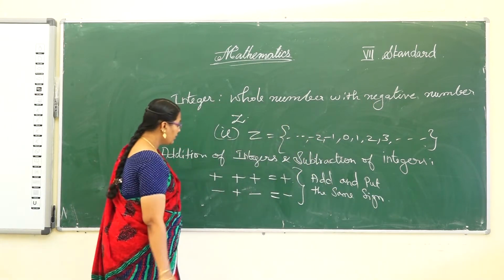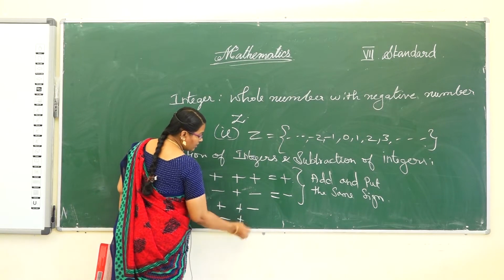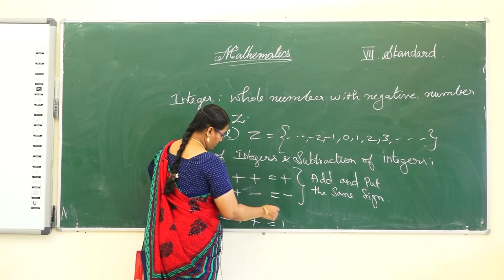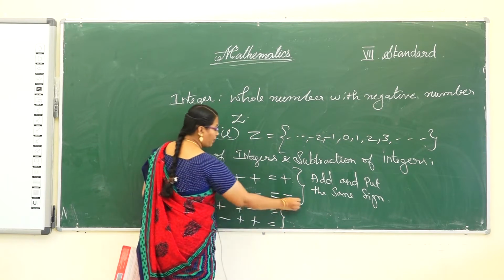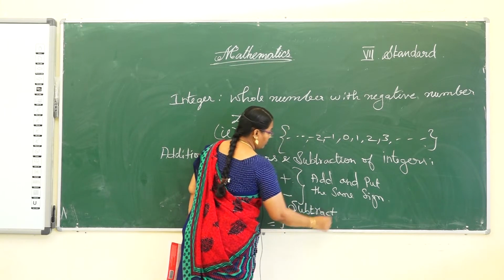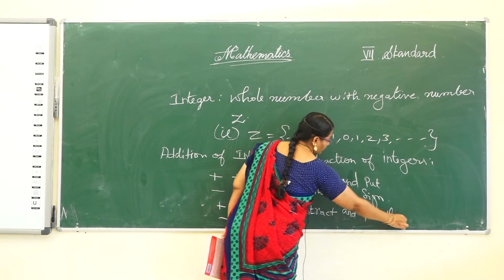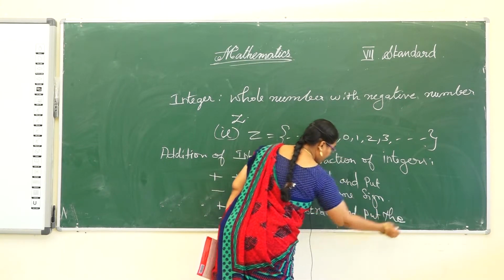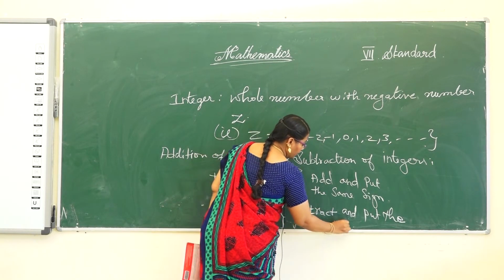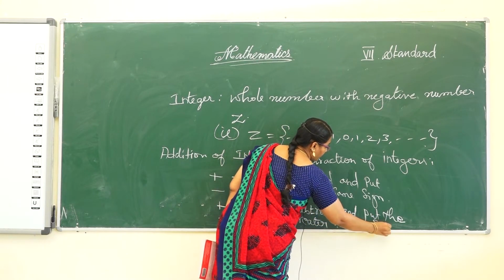sign. Different signs will come, for example plus, minus or minus, plus. In this place, subtract and put the greater number sign.